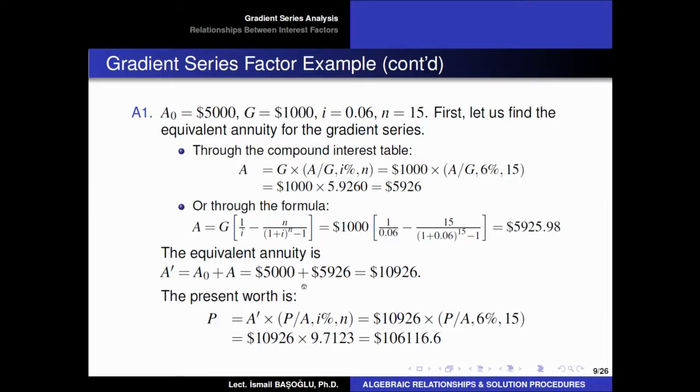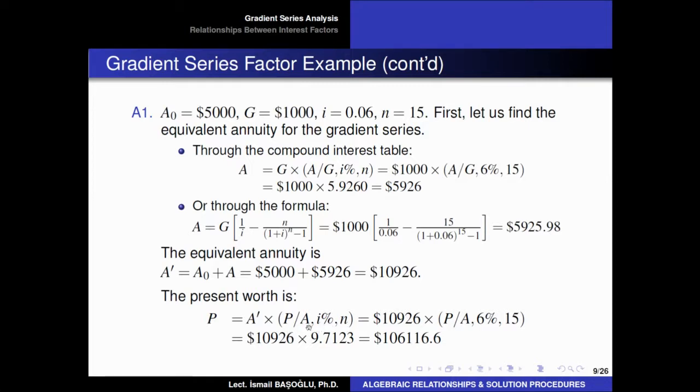Now the next step is what? We know that this gradient series is equivalent to a uniform series of $10,926 for 15 years. If we are interested in the unknown principal amount that we should have invested, we can calculate the present value of this uniform series, which is A prime, the base amount plus the converted uniform series. This A prime will be multiplied with the uniform series present worth factor P over A under, again, 6% interest rate for 15 years.